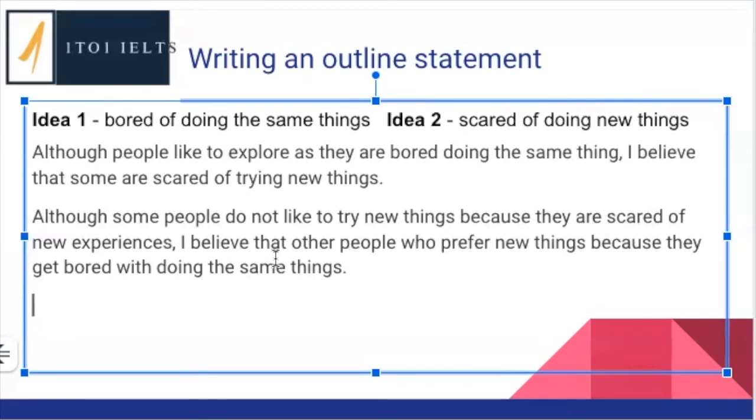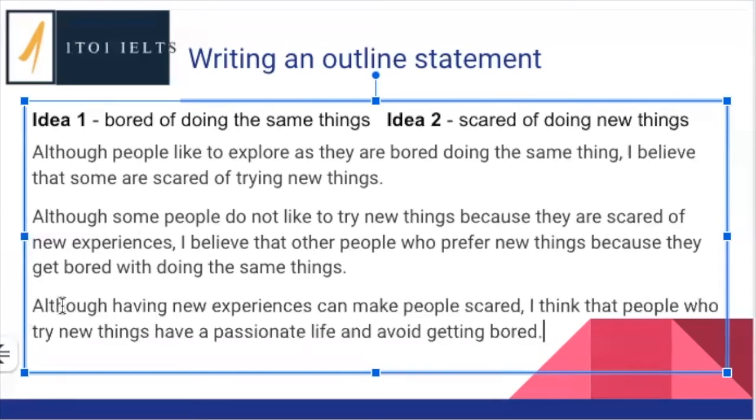Actually, let's have a look at these two because they're so hard. Excellent. Okay, so we've got three here, and let's see what we think. Although people like to explore as they are bored, here we need some extra vocabulary of explore.